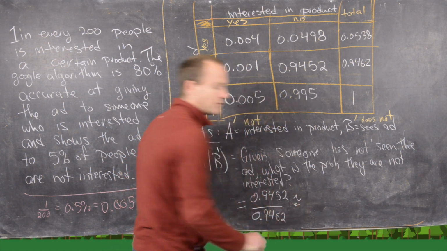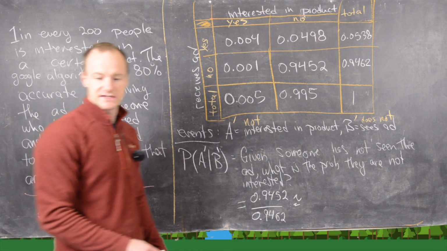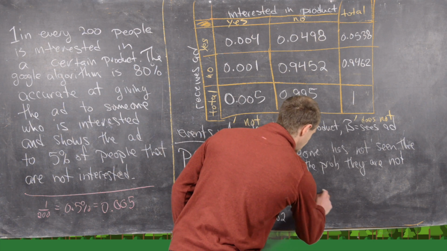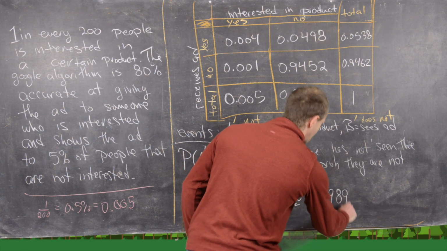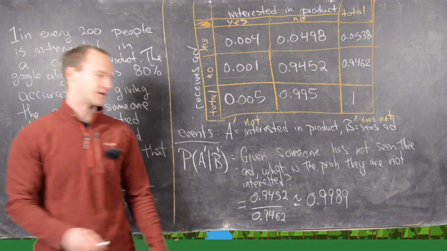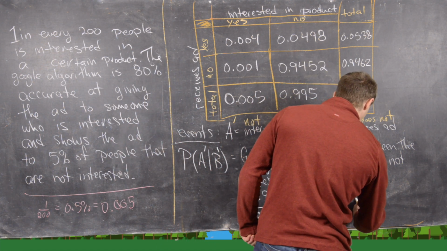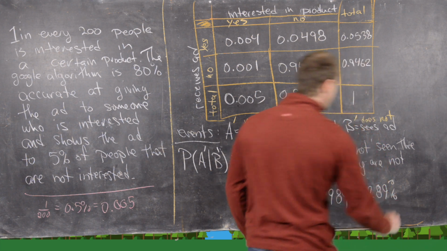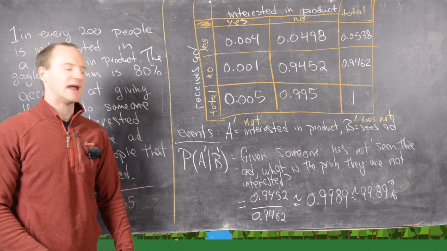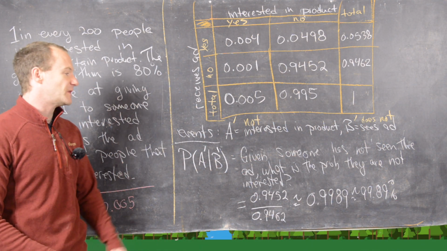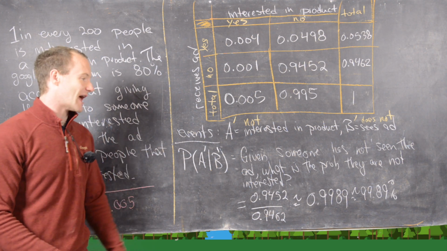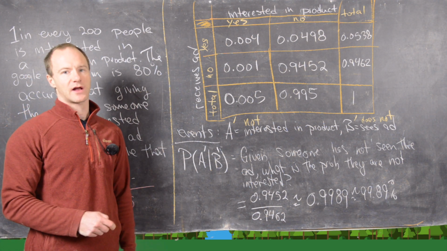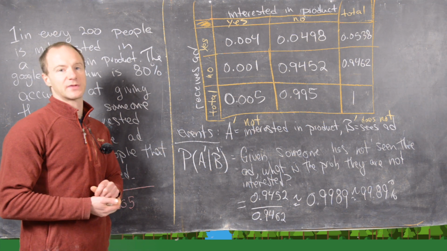And so if we do that calculation, we're going to get 0.9989. Well, approximately equal to that. But again, that's going to be approximately equal to 99.89%. So in other words, 99.89% of people who have not seen the ad would not have been interested in the product at all. Okay, so that's a good place to end this video.